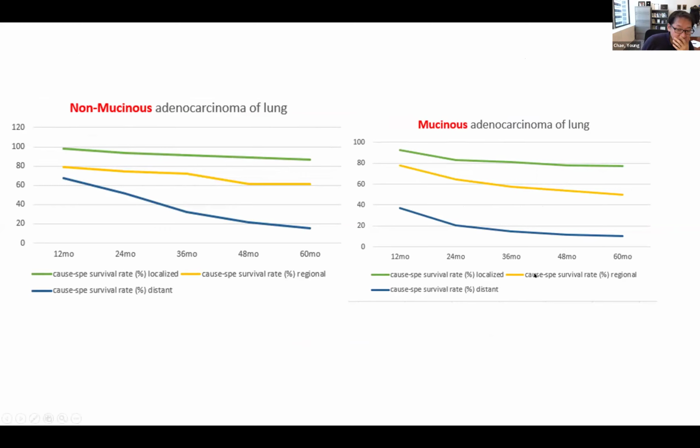So cause-specific survival rate is, so first of all, I don't know why for non-mucinous you have 120 there. I think it has to be 100 as the max, and then you line them together if you have both different graphs.